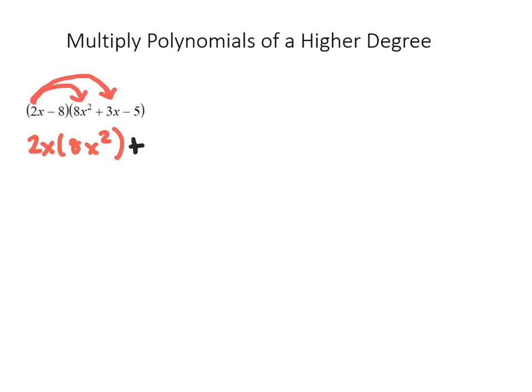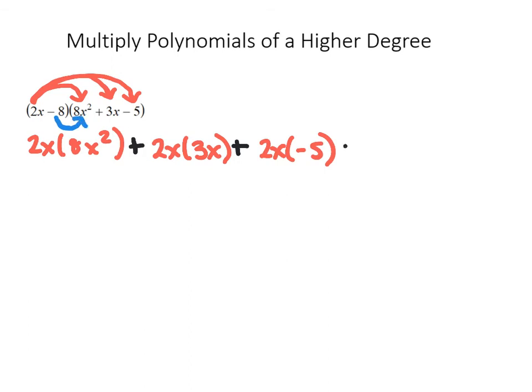So it's plus 2x times 3x. And then we're going to multiply the 2x to the last term of negative 5. So it's plus 2x times negative 5.